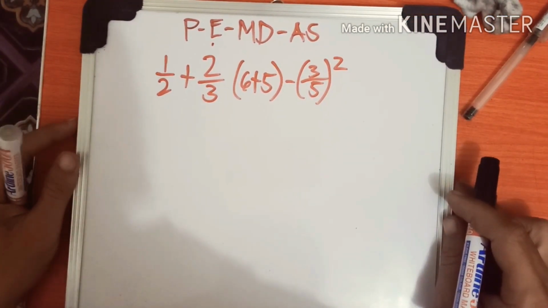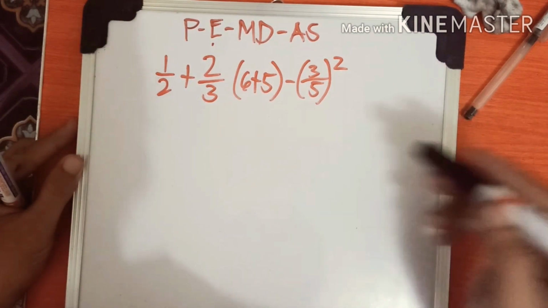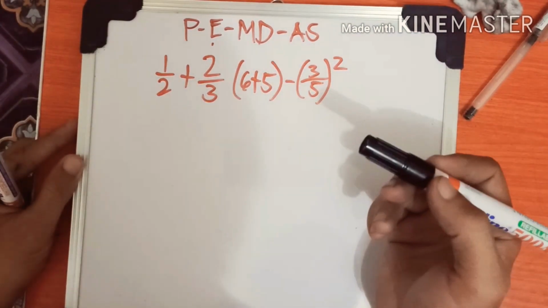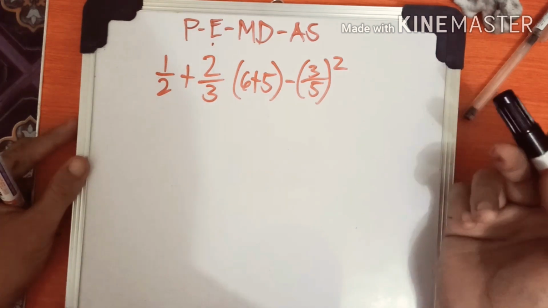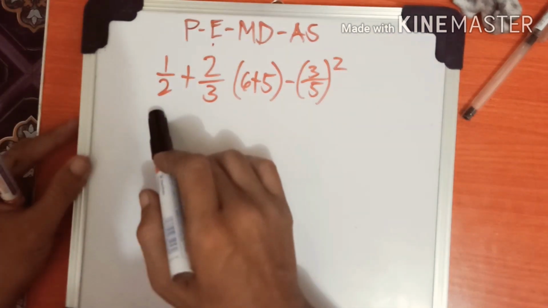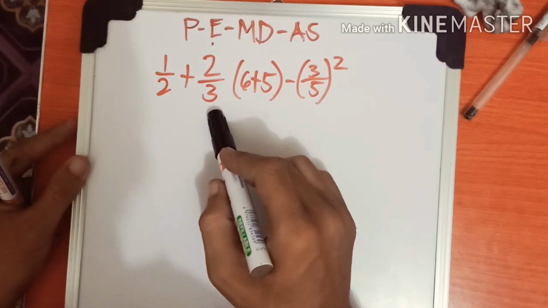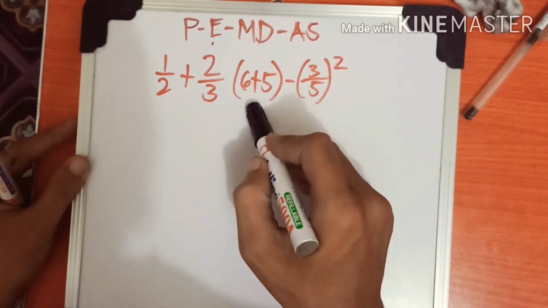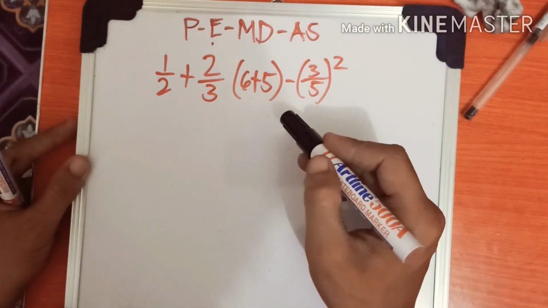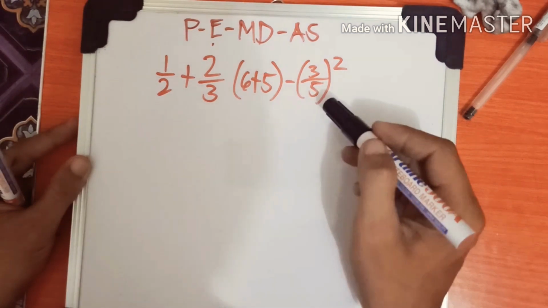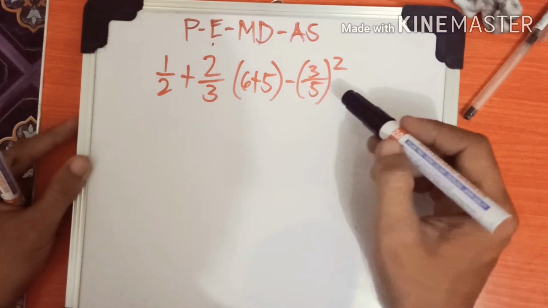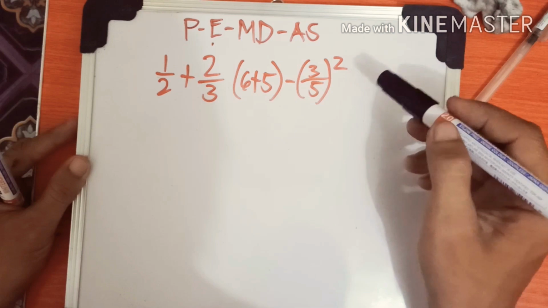So now we have the second example. This is a fraction problem. We have 1/2 plus 2/3, and then the parentheses of 6 plus 5, and then minus the parentheses of 3 over 5 raised to the second power.